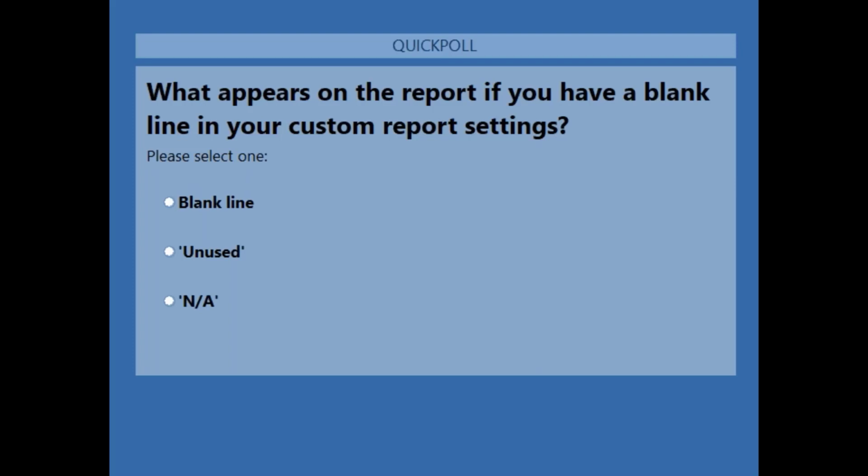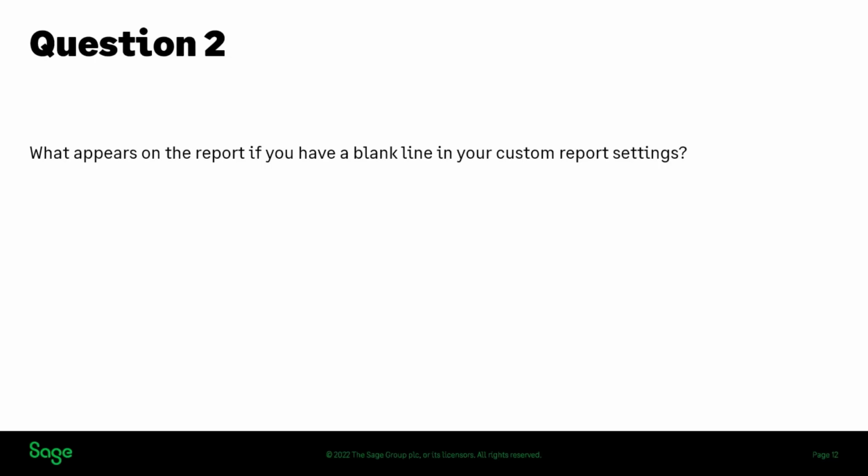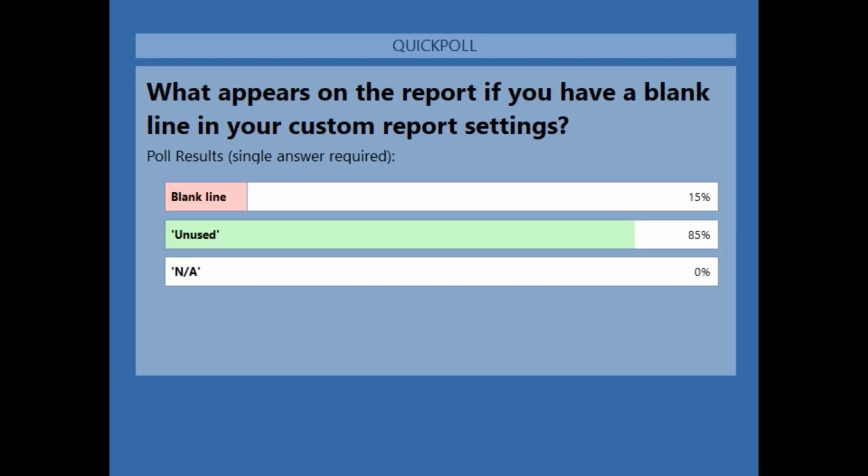Excellent. We'll leave it on for 20 more seconds. You're all answering, which is wonderful to see. Excellent, so we will close that one and share the results. 85% said unused and 15% said a blank line.